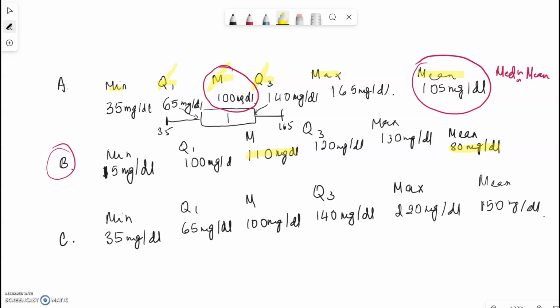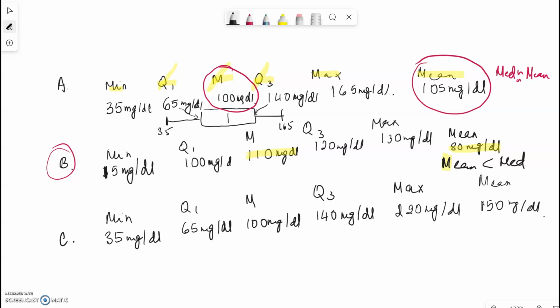The mean gets pulled in the direction of the skew. Okay, since the mean is less than the median, so the mean, which is 80, is less than the median, we can be sure that the distribution is left skewed.